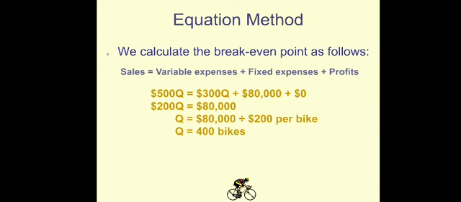So this method shows that for the Wind Bicycle company to achieve the break-even point, the company has to sell 400 bicycles. So this is the break-even point in terms of quantity.